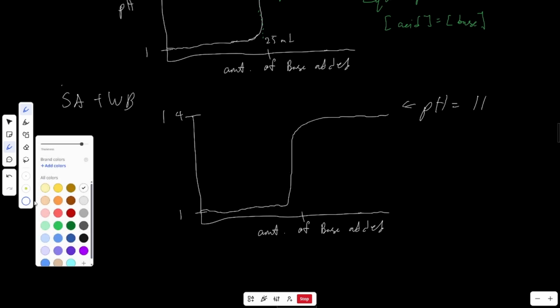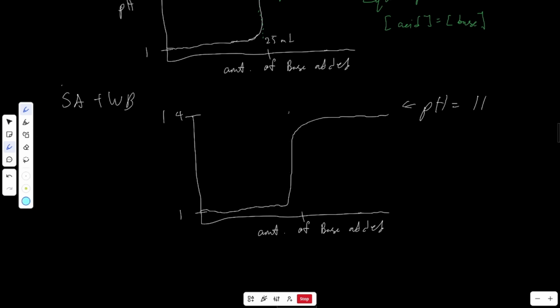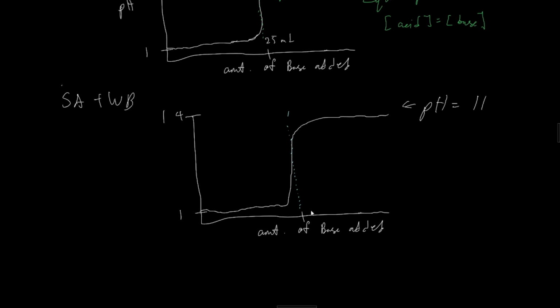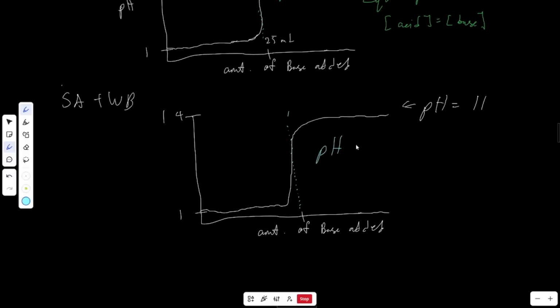The equivalence point right here, at a strong acid and weak base titration, would be slightly below 7. Why is that?